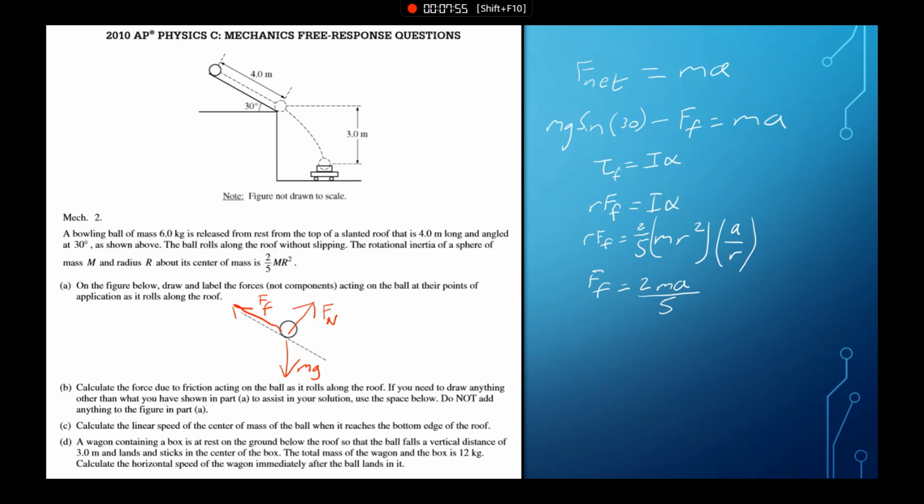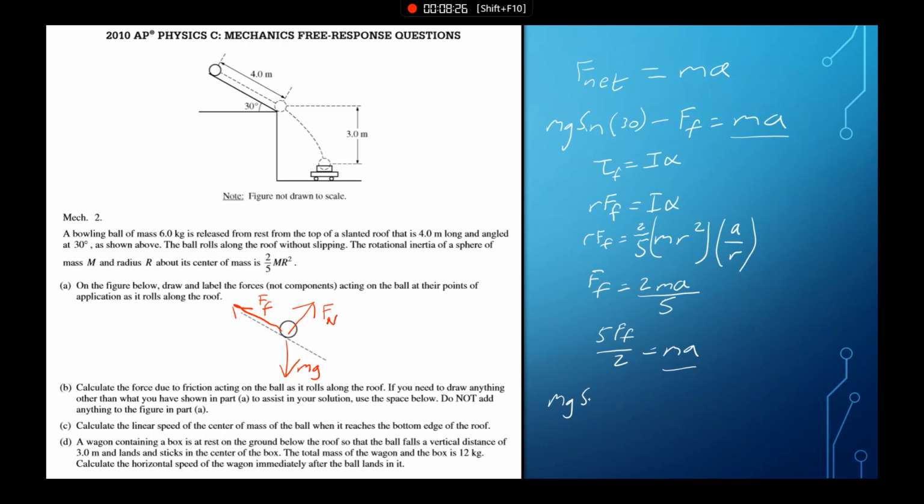Then we plug in MA. But how would you solve for A? Oh yeah, that's true. Let's just write in terms of A first. Okay, so I'm gonna shift this back over to the other side. So this would be 5 times my force of friction over 2 is equal to MA. And I'm gonna leave it like that because we've got an MA here. So I can substitute.